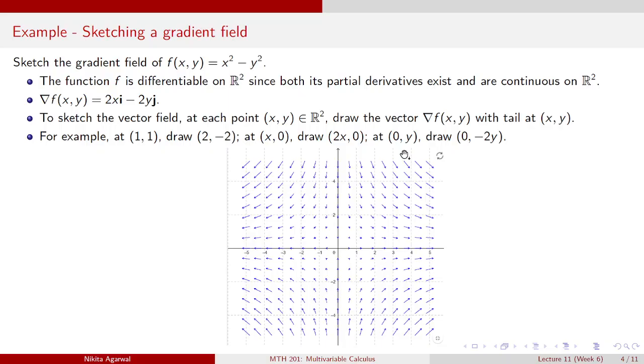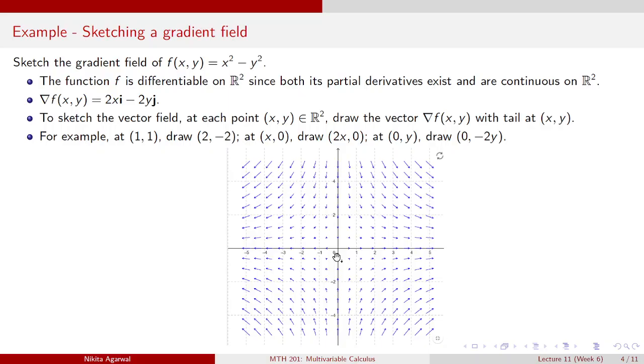Now, on the y-axis, if you take a point 0 comma y, then the gradient is 0 comma minus 2y, which means that if y is positive, because minus 2y is negative, the gradient vector will point in the reverse direction. So therefore, these arrows are pointing downwards, which is the negative y direction.